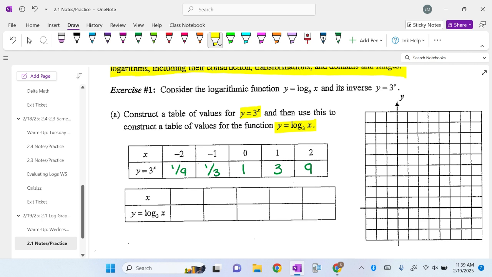Just switch the x's and y points. So basically my y's here would become my x's here. So that means this would be 1/9, 1/3, 1, 3, 9. And then my x's of the original table now become my y's. So it would be -2, -1, 0, 1, 2.